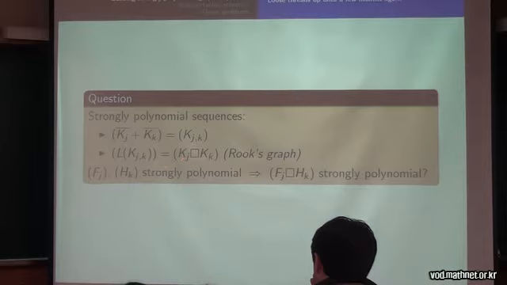And in general, we wanted to say, well, is it closed under Cartesian products, this property of being strongly polynomial? If I take any two strongly polynomial sequences and I take the Cartesian product, is it strongly polynomial? And what we were finding was that homomorphism counting doesn't really behave very well for Cartesian products, not like for the join or the direct products.